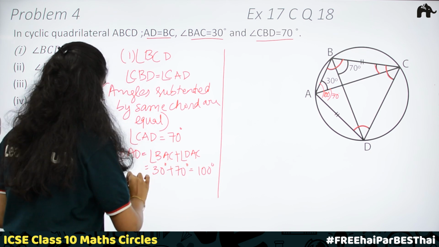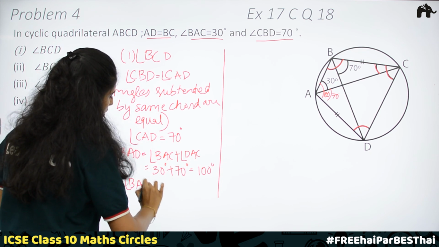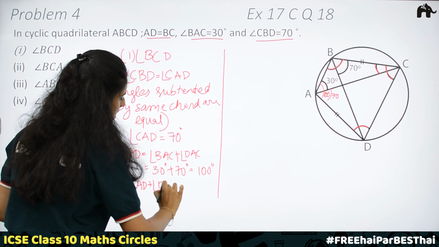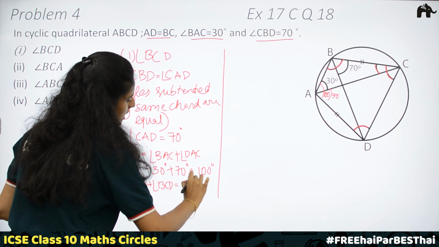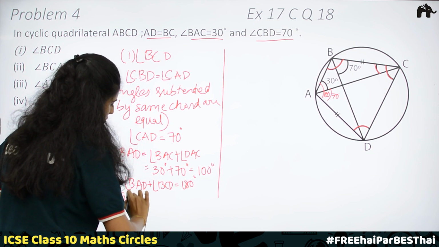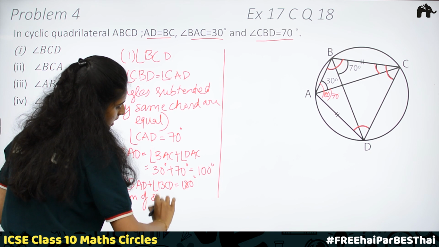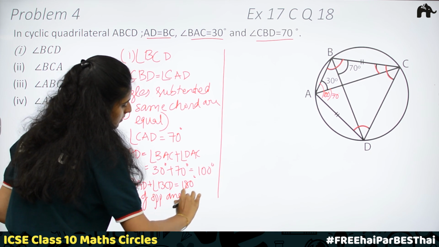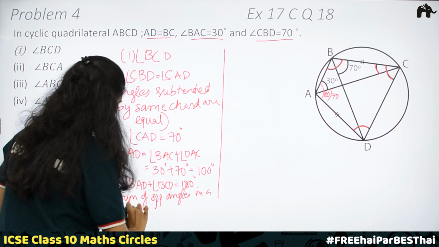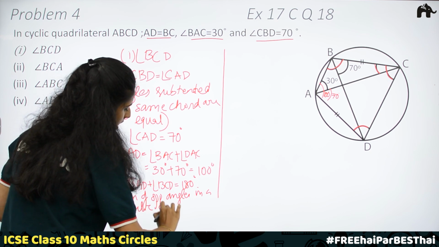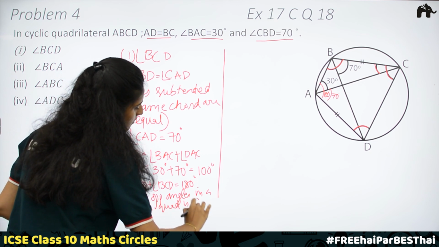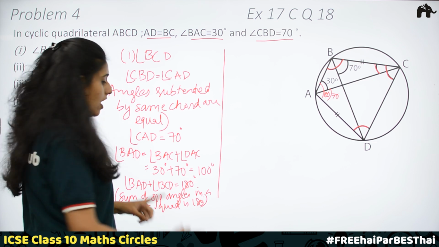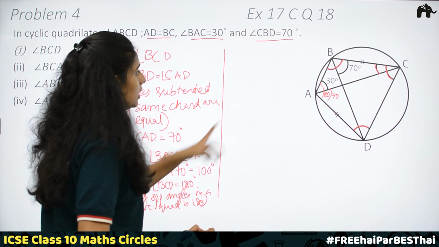We know that angle BAD plus angle BCD is equal to 180 degrees. That is, the sum of opposite angles in a cyclic quadrilateral is 180 degrees. Okay. You have to give the reason. Now, put the value.